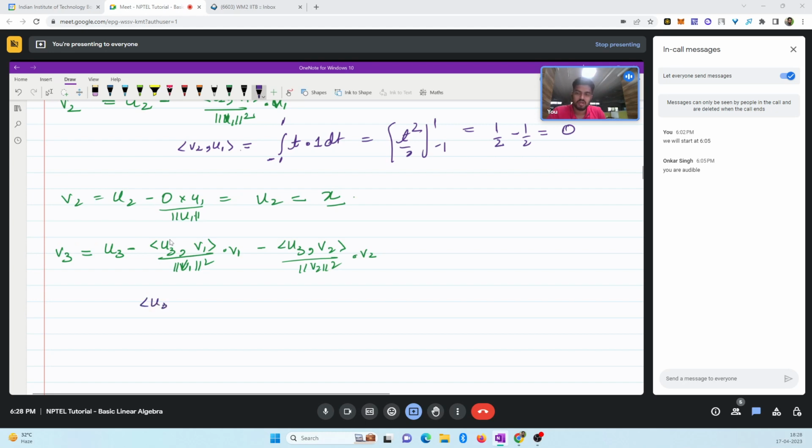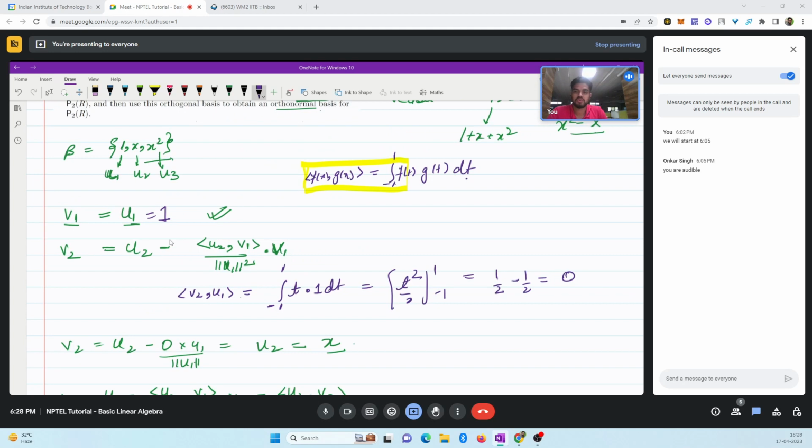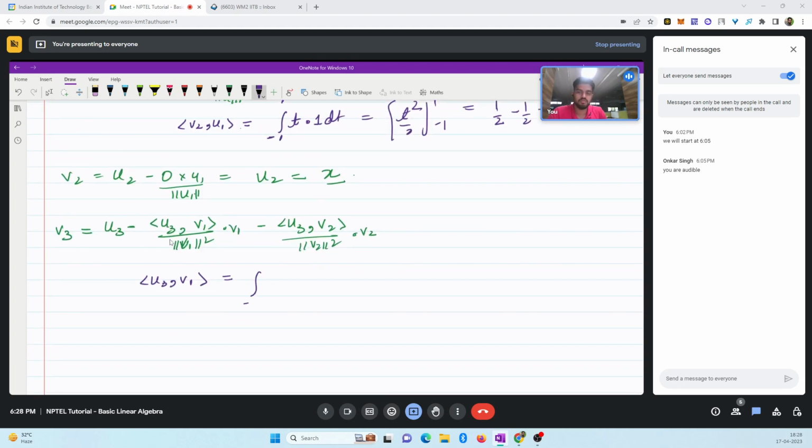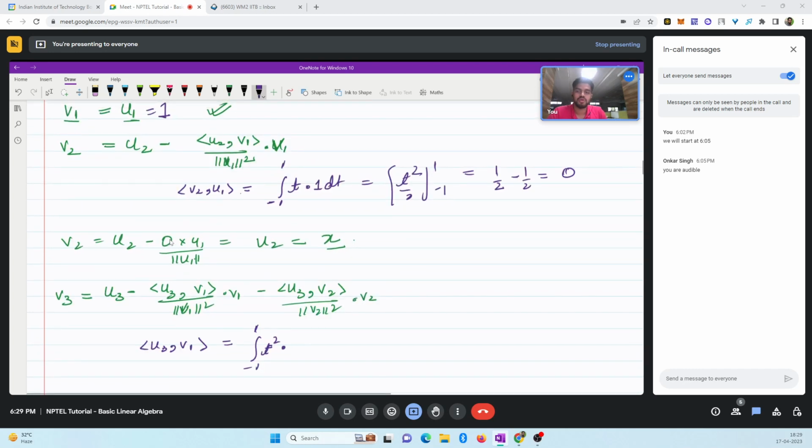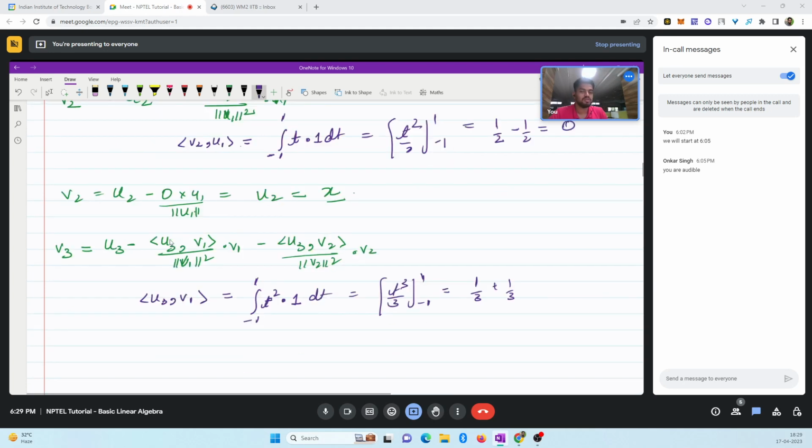So what is the inner product of U3 and V1? My U3 is x square. So this is the integral from -1 to 1 of t square into 1 dt. This is t cube by 3 from 1 to -1, so this is 1 by 3 plus 1 by 3, which is 2 by 3.